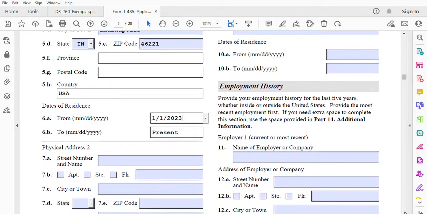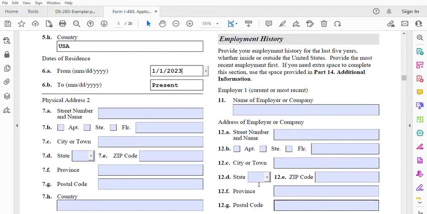Physical address number 2 is going to be abroad. It's 110 City Street. City or town is Kenifra. Province is Kenifra. And the country is Morocco.